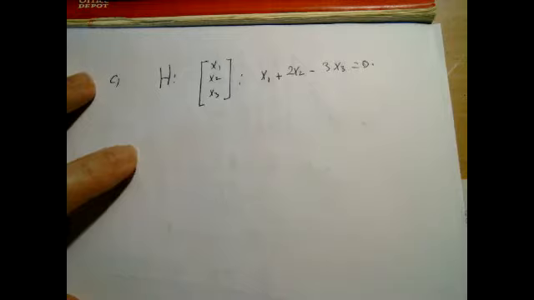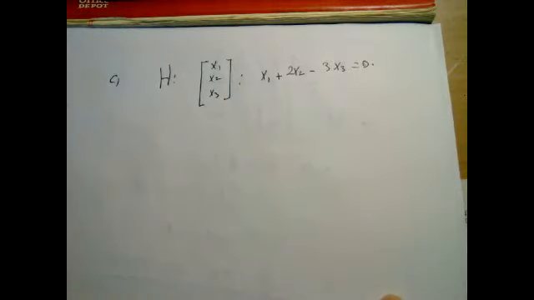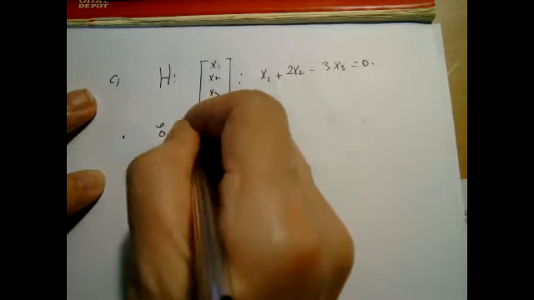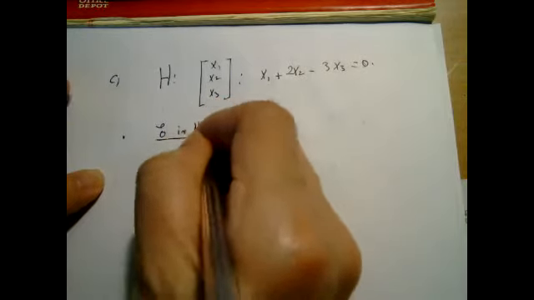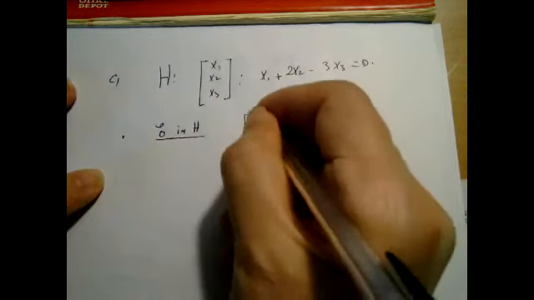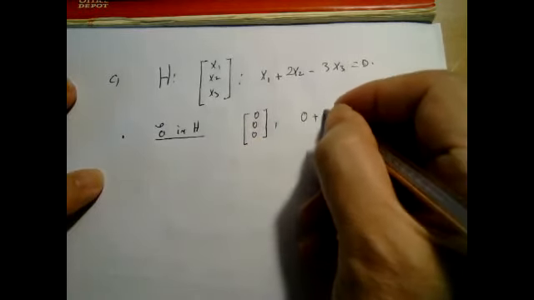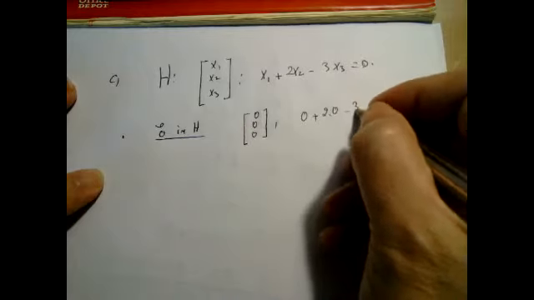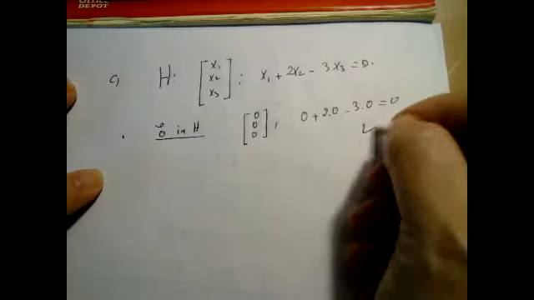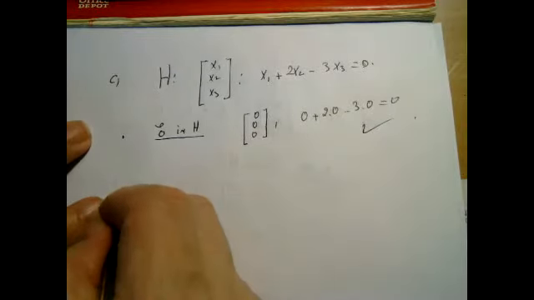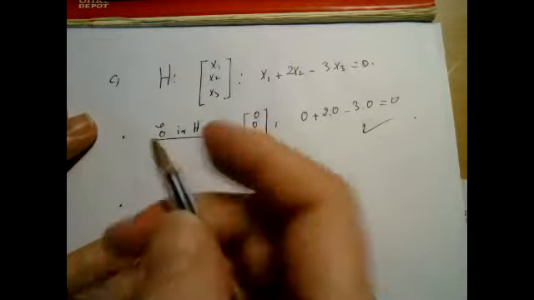And my question is, is this a subspace? All right. First, is 0 in H? 0 means (0, 0, 0). If I add 0 plus 2 times 0, this is equal to 0. So yes.